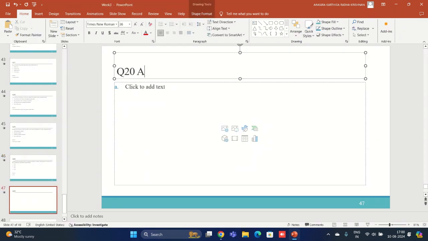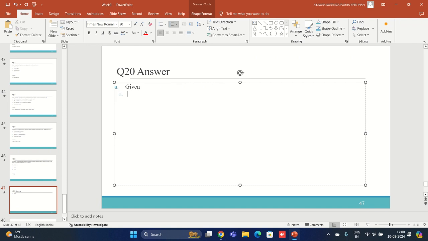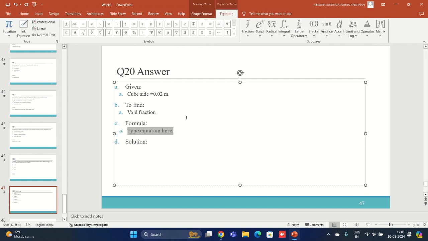Question 20 answer. Given: cube side is 0.02 meter, and we need to find the void fraction.